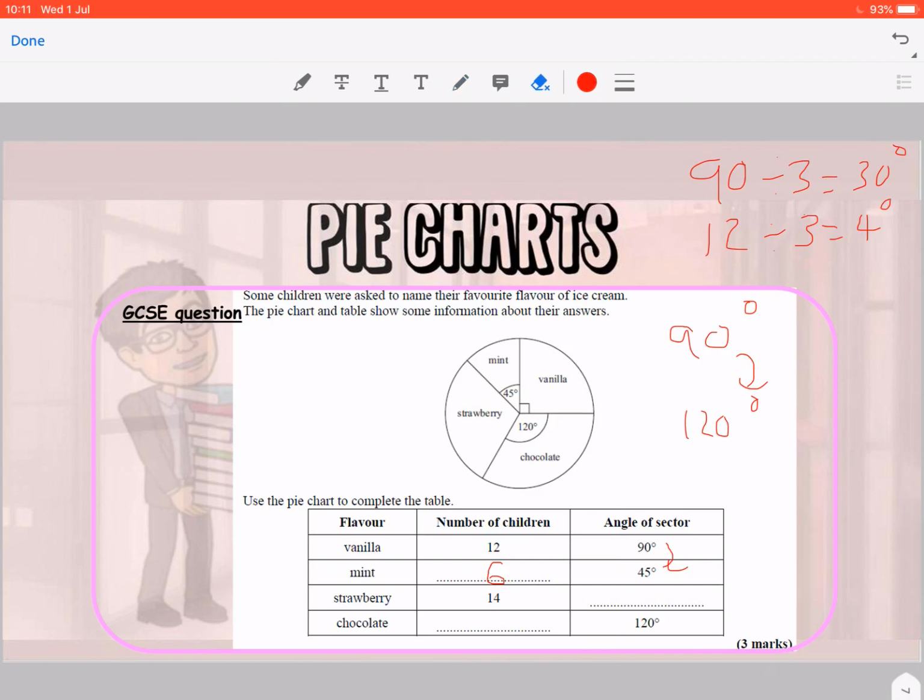So 4 children is the same as 30 degrees if 90 is worth 12. So I'm going to add those two on. 4 plus the 12 that's already there makes 16.